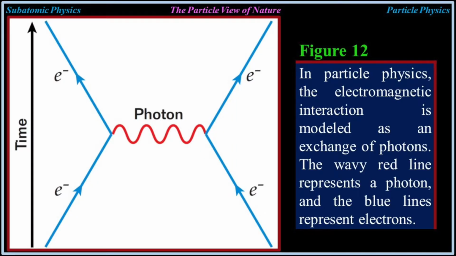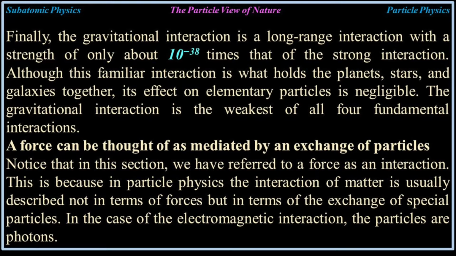Figure 12. In particle physics, the electromagnetic interaction is modeled as an exchange of photons. The wavy red line represents a photon and the blue lines represent electrons. Finally, the gravitational interaction is a long-range interaction with a strength of only about 10^-38 times that of the strong interaction.